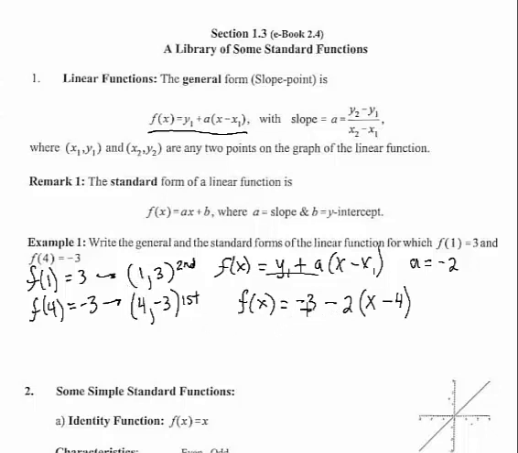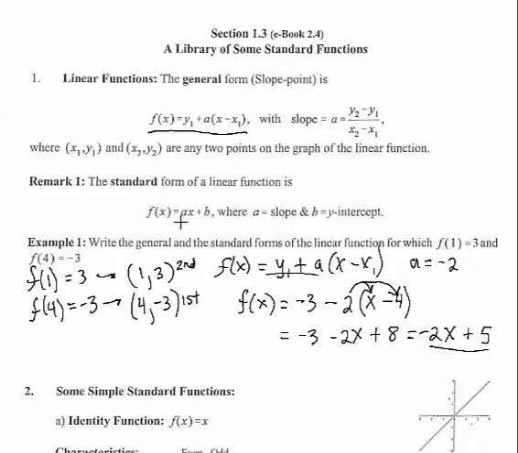Okay, I could clean this up a little bit if I wanted to. Negative 3, distribute the negative 2, and I would have a negative 2x plus 8. Combine the negative 3 and the 8, and I have negative 2x plus 5. Okay, and it turns out that this is going to be my slope-intercept form.